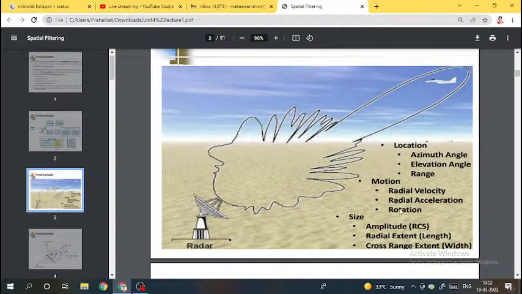We are not going to concentrate on all the other parameters, only on these. If I want to exactly track this target, the axis of the main beam of the radar antenna should coincide with the axis of the target. The target axis and the axis of the beam should be the same. If this alignment is proper, then we say that tracking is in process.